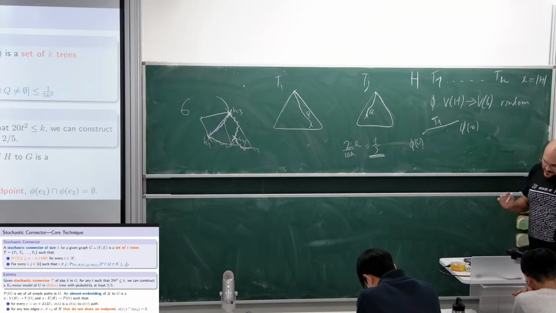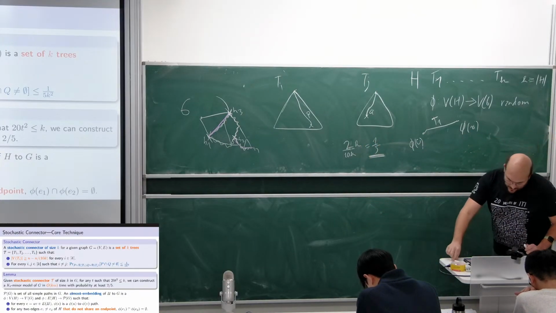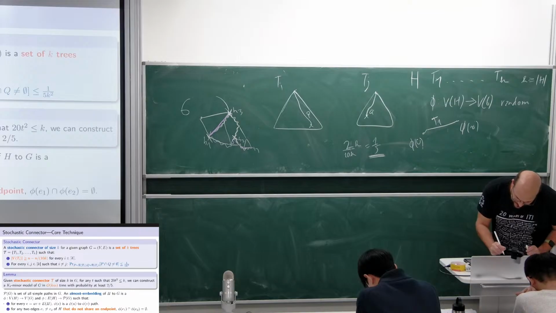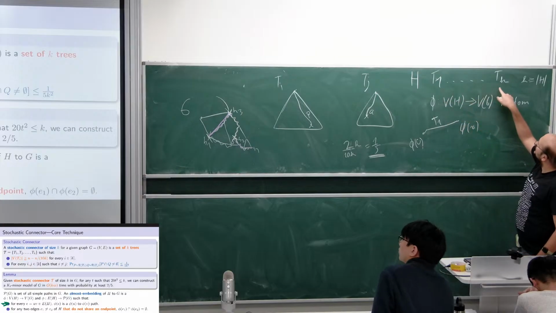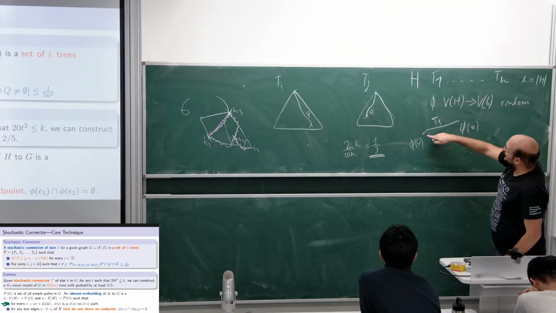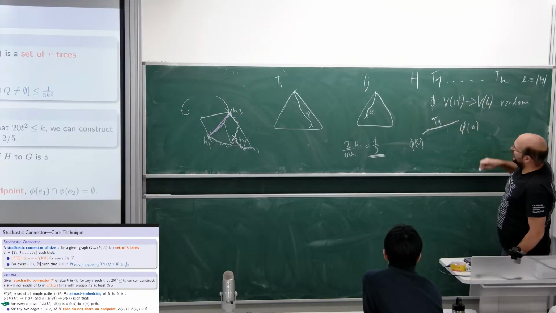So by this we satisfied the first condition of almost embedding, because now indeed those T1 up to Tk give us connectors.